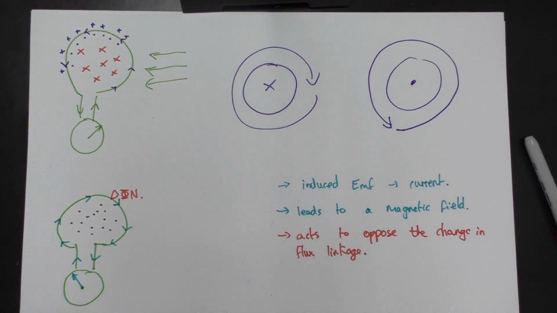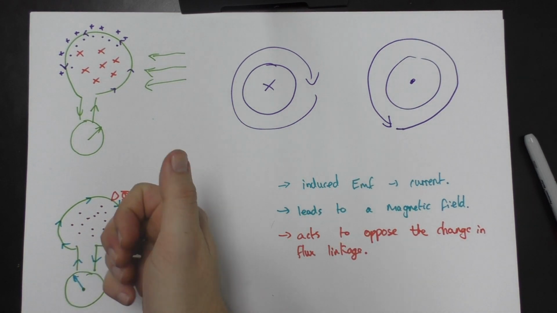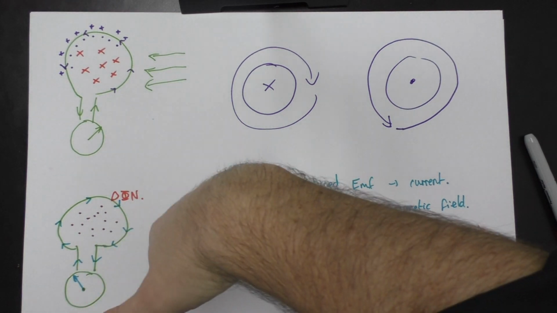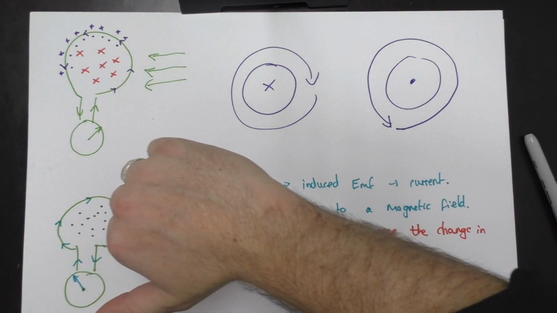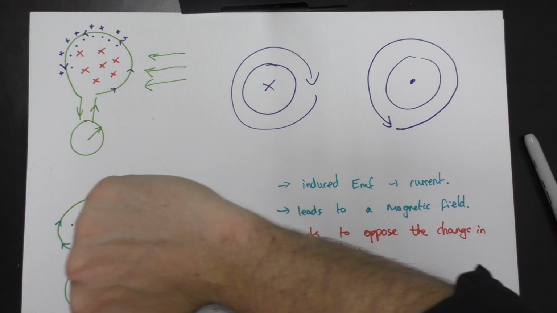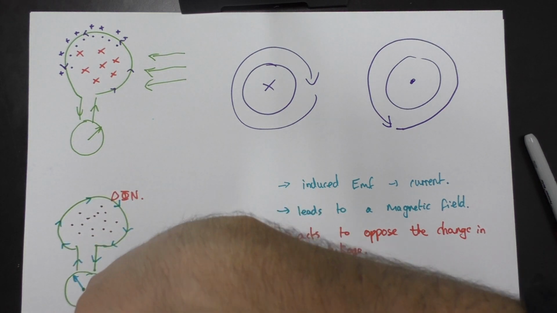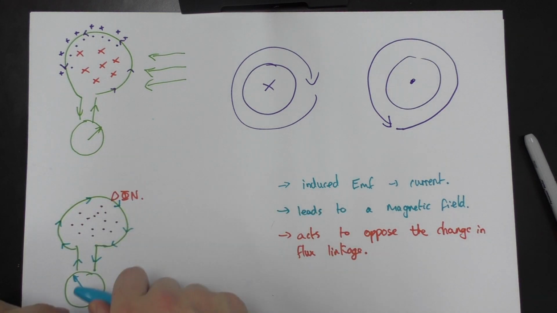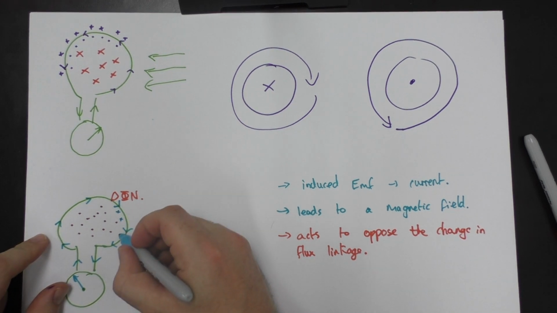Well, why? So based on what we can see here, if we use the right-hand rule, if I put my hand down, my fingers go into the center and out the outside of it. So the magnetic field as a result of this looks like this.